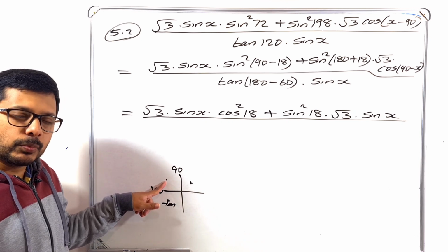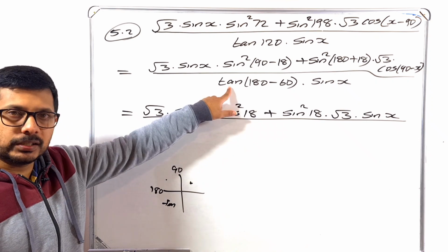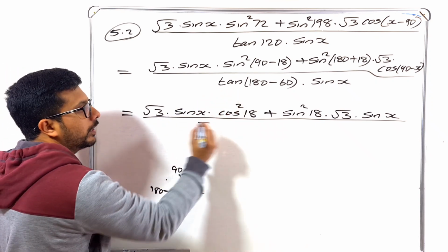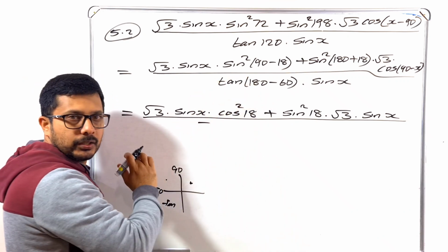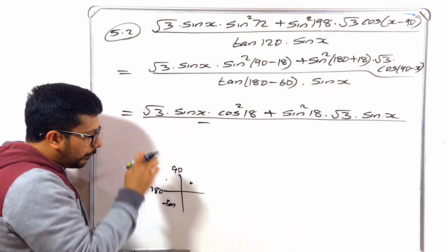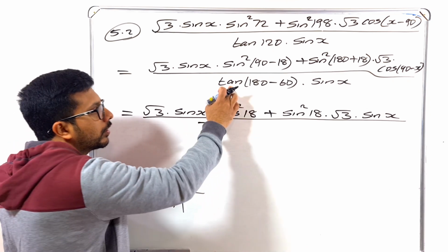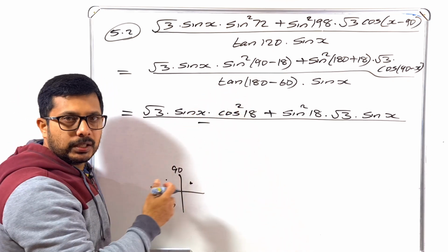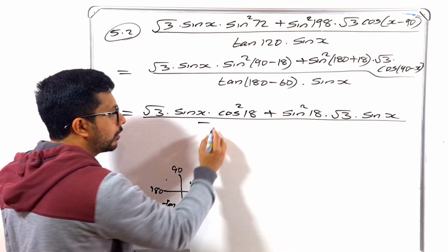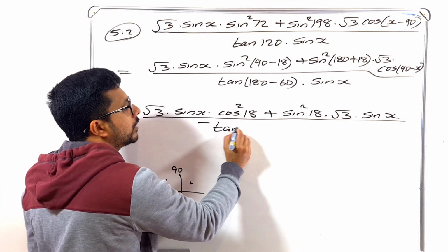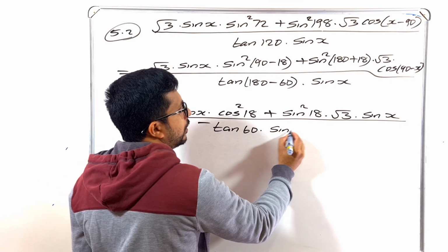Second quadrant, what is positive? Sine is positive. Here what? Tan. So it is negative. Here you have to write negative because there is no square here. If it is based on 180, no change in the trigonometry. So it is minus tan 60 into sine x.